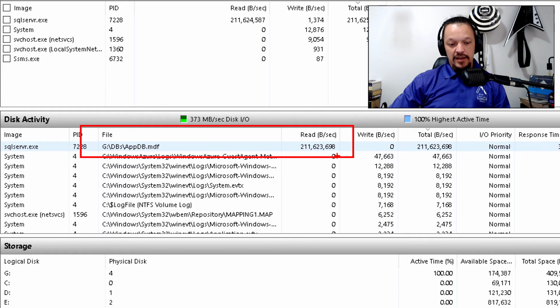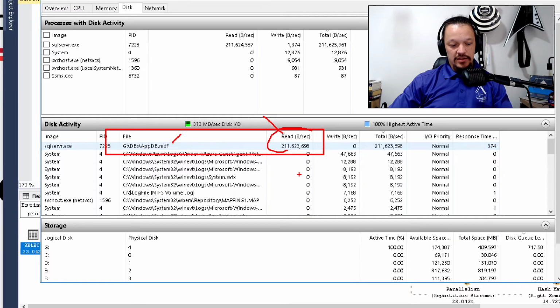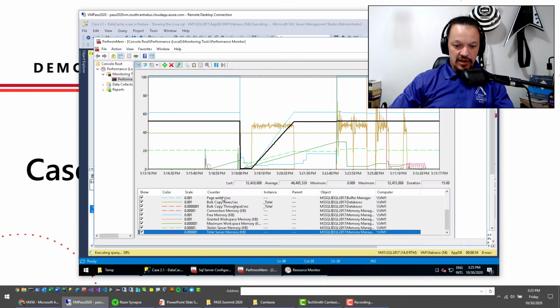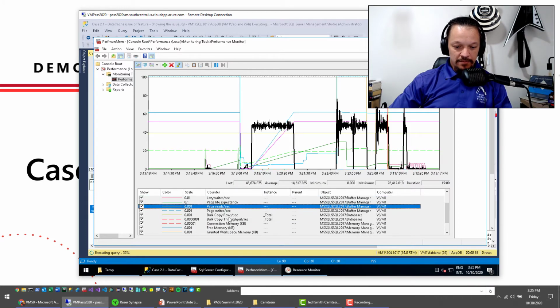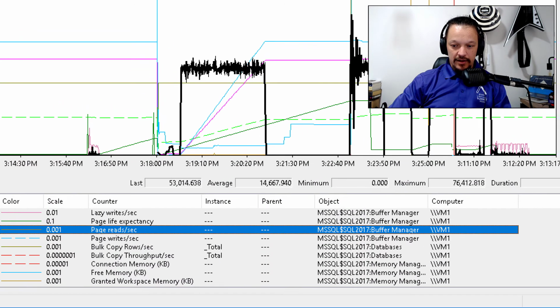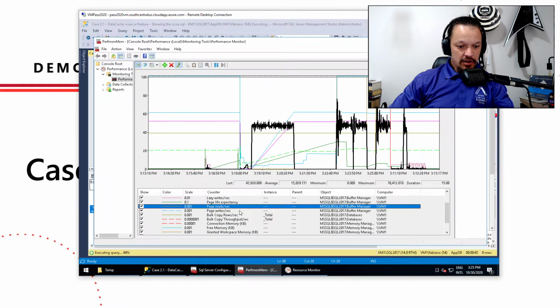We can see that it's reading from the appdb file. So it is indeed doing physical reads. Again, if we look at the performance counter, we can see the page reads, showing an average of 53,000 page reads per second. This is reads from disk.